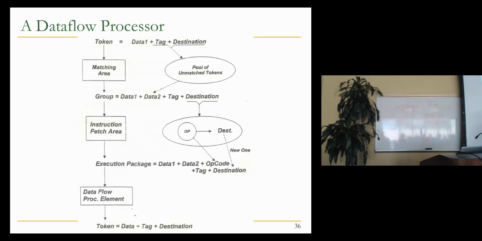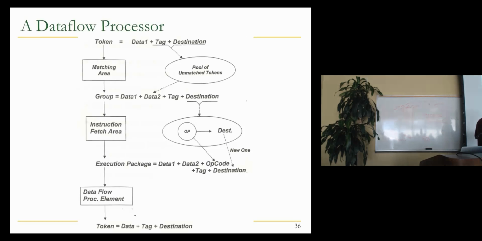Only when both of the operands are ready, then the instruction can be fetched. Now you know that, now you can fetch the instruction. It's very different from control flow. You fetch the instruction first in control flow, right? Here you match the tokens first to determine what instruction to fetch. Now you can fetch the instruction that has matching tokens.